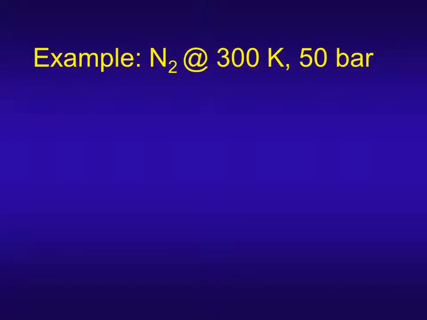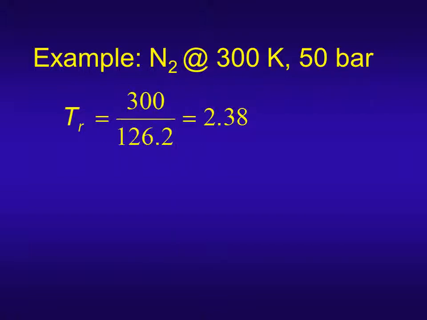So now let's take an example. If we take nitrogen at 300 K and 50 bar, that's 50 atmospheres. It's really high pressure. Then the reduced temperature we calculate as 2.38, and the reduced pressure for nitrogen we calculate as 1.47.